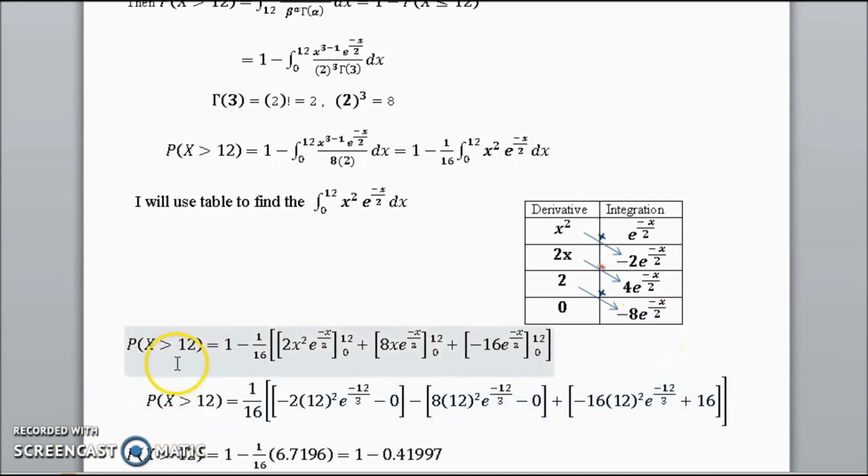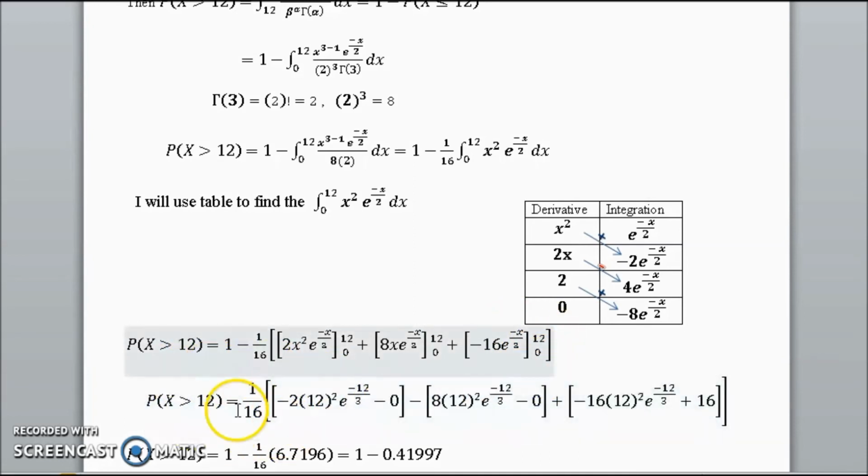Then the probability of x greater than 12 equals 1 minus 1 over 16 times the bracket: minus 2x power 2 e to the minus x over 2 from 0 to 12, minus 8x times e to the minus x over 2 from 0 to 12, minus 16 e to the minus x over 2 from 0 to 12.